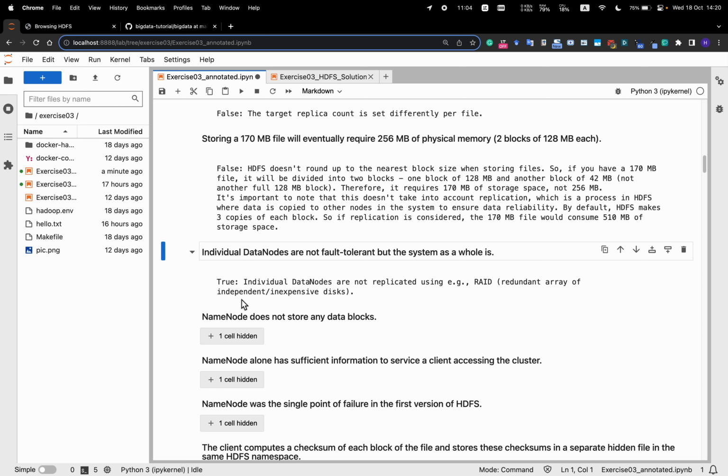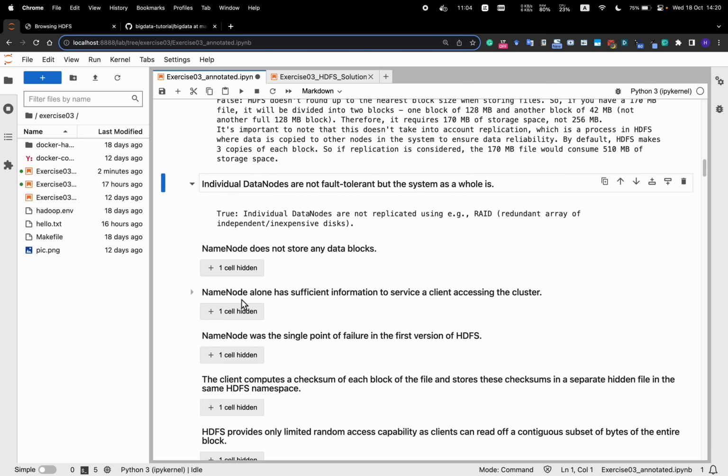Maybe the lecturer also mentioned it in class. So if a data node fails, it will fail eventually. But the whole system is designed to be fault tolerant because you have a centralized state, which is the name node, as I mentioned before, and it keeps all the states and can recover from any kind of failure.